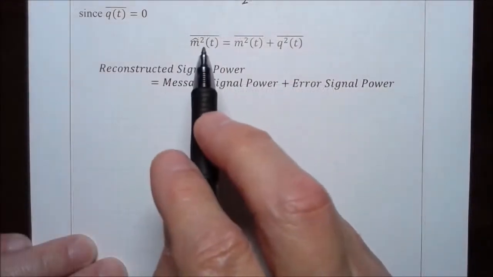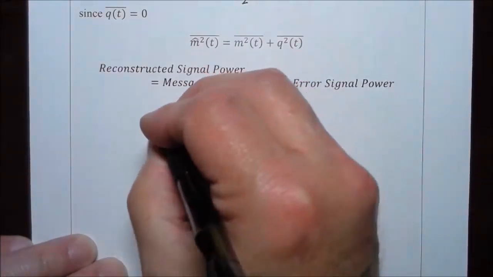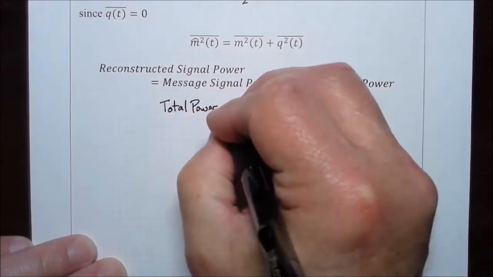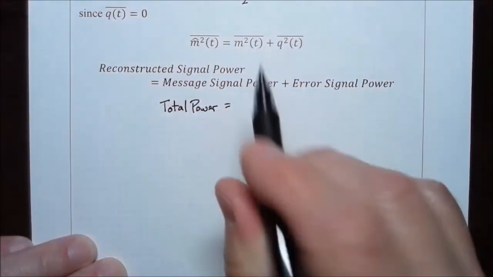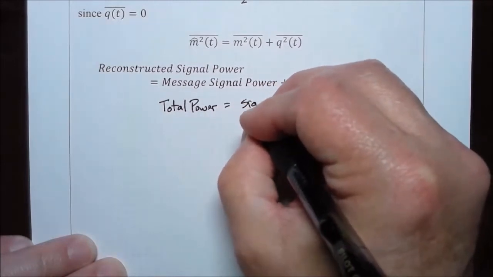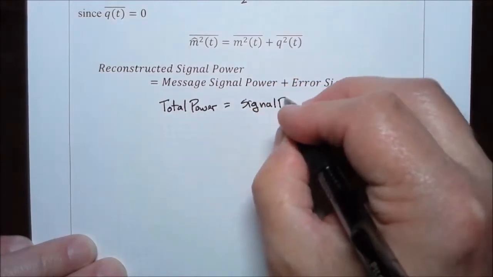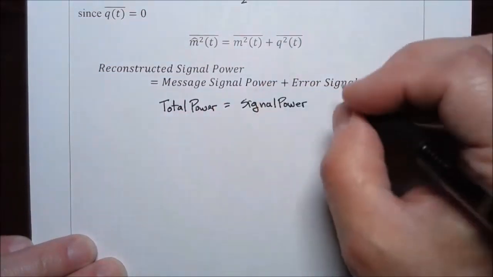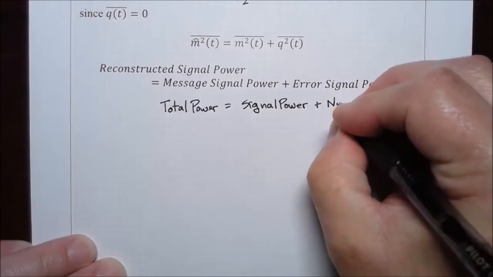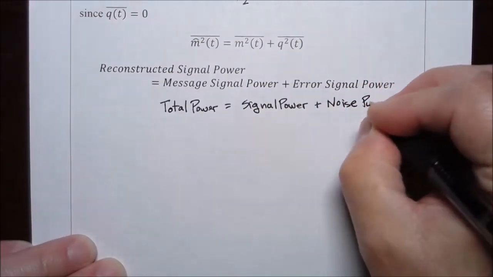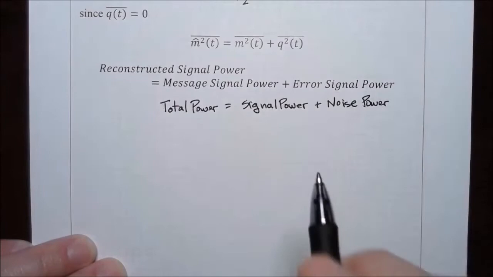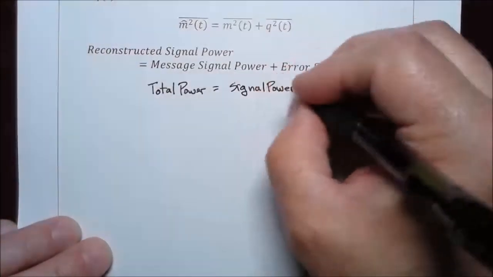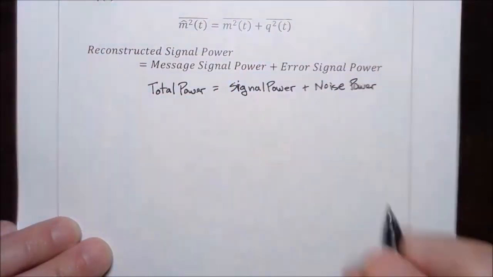The total power in our reconstructed signal is equal to the signal power plus the error power, that's the noise power. Signal and noise are not correlated to each other. So total power is equal to the signal power plus the noise power.